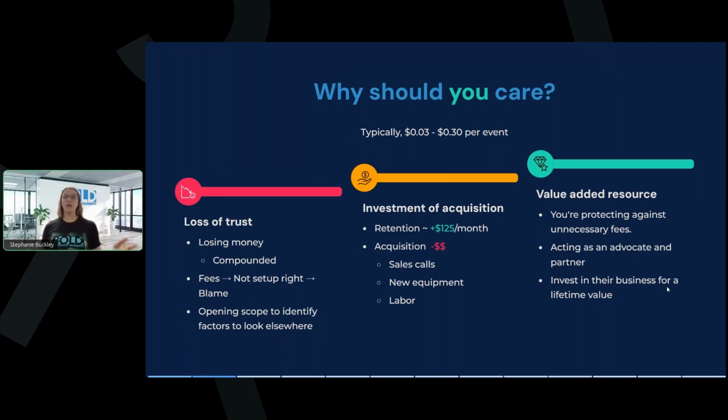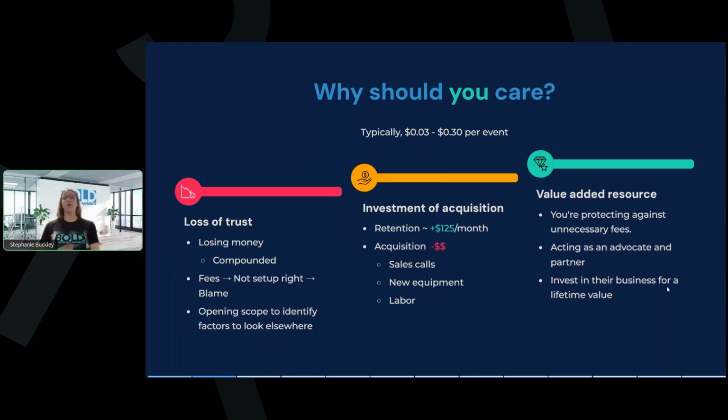And they start looking back at every single one of their statements for the last year, and they see that these fees have been occurring, and they start wondering, what is this? So they reach out to you and they say, hey, I'm losing money on this fee. What is this? Why is it happening? Help. And that is where the issues really start to arise for you and the merchant, the partner in the merchant's relationship, is that now you have to take that blame.